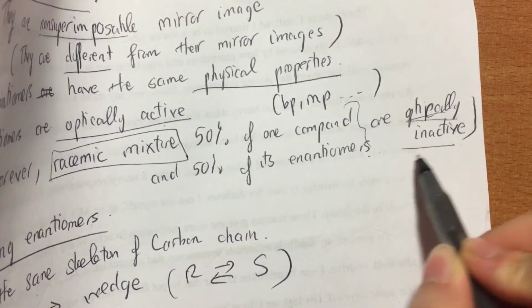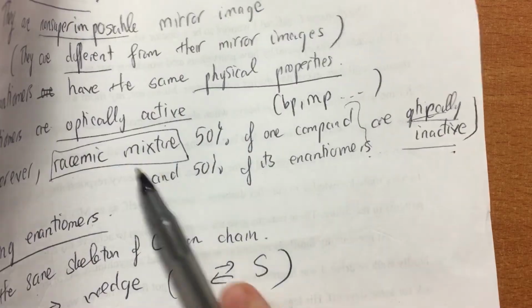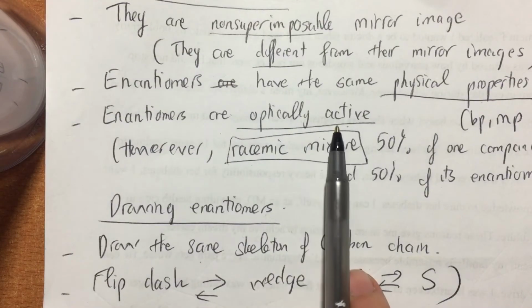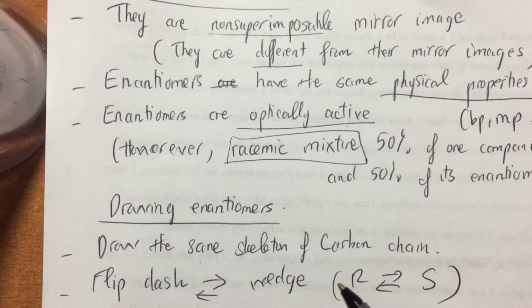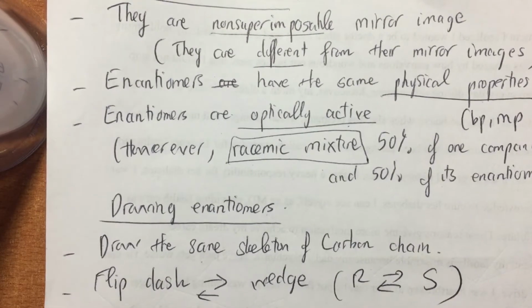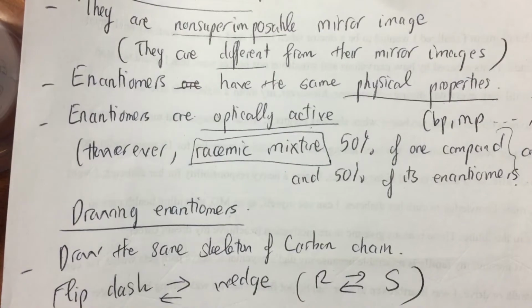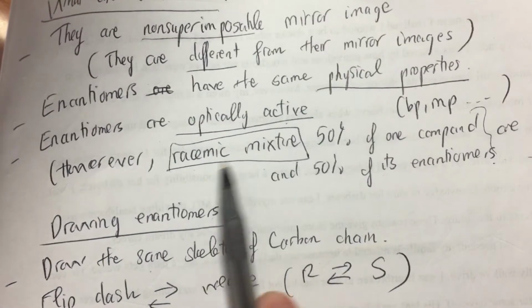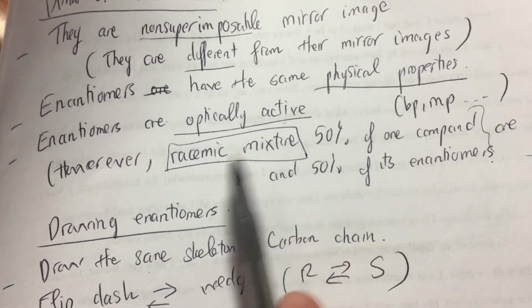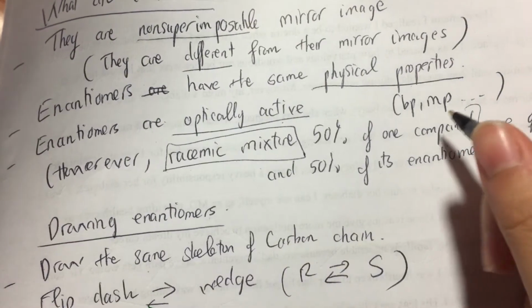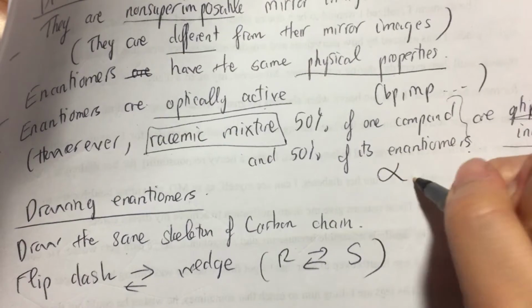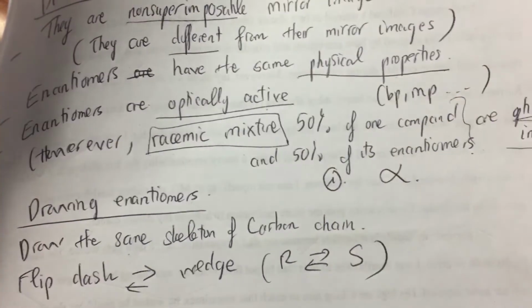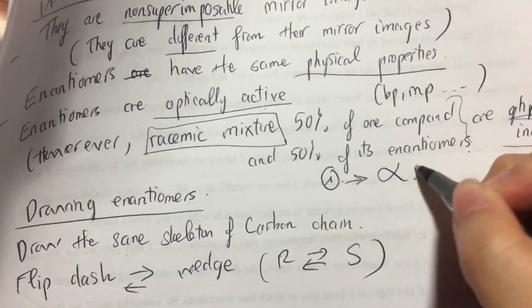Why are they optically inactive? Because an enantiomer has the ability to rotate the light to some degree. For example, compound 1 will rotate the light to alpha degree.